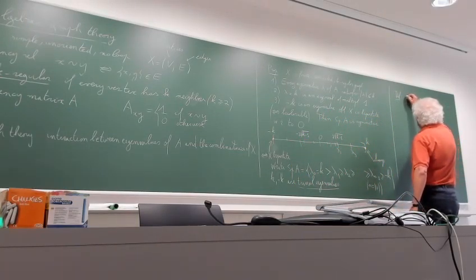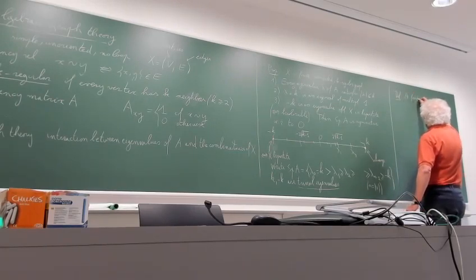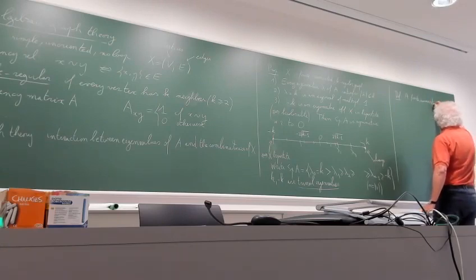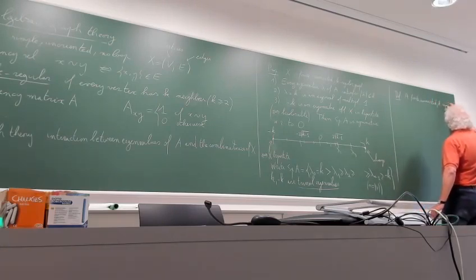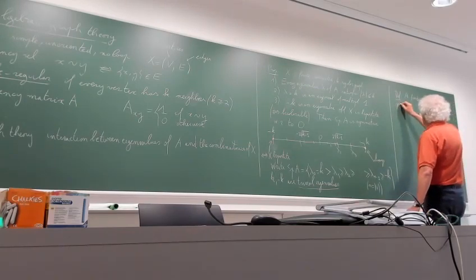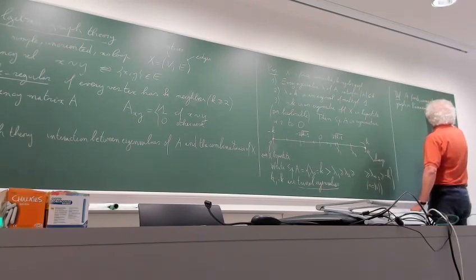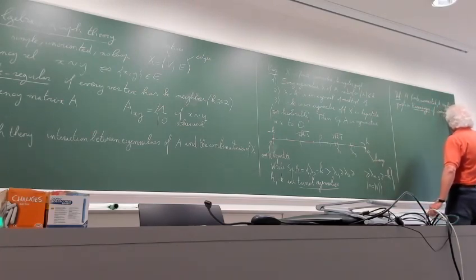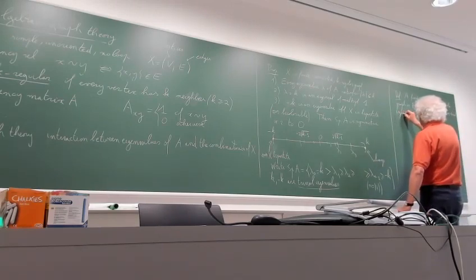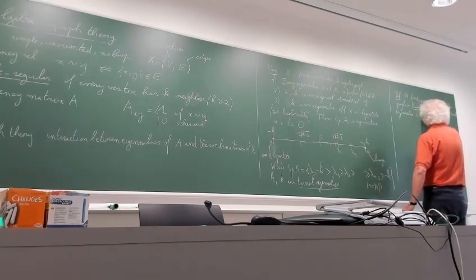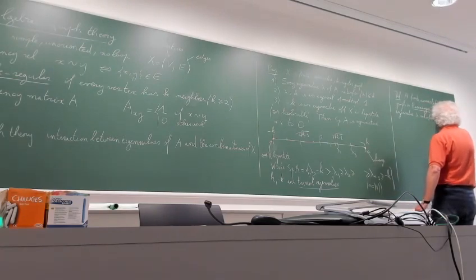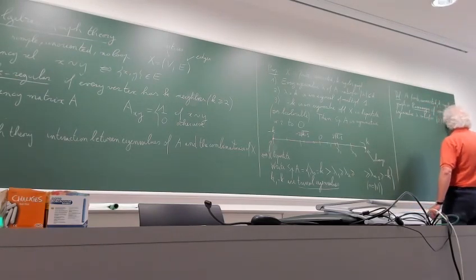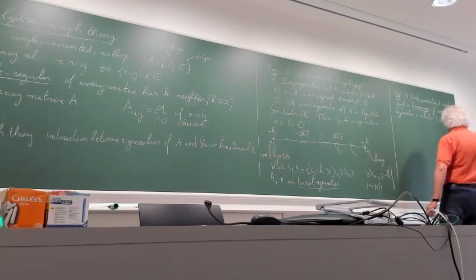Definition. We say that a finite connected k-regular graph is Ramanujan if every non-trivial eigenvalue lambda satisfies that in absolute value it's less than 2 root of k minus 1.